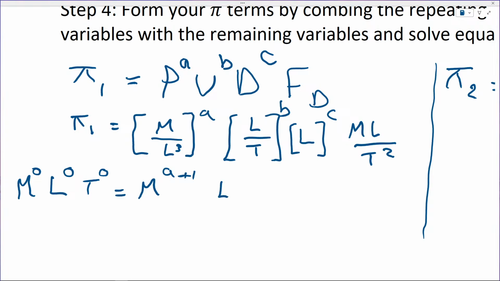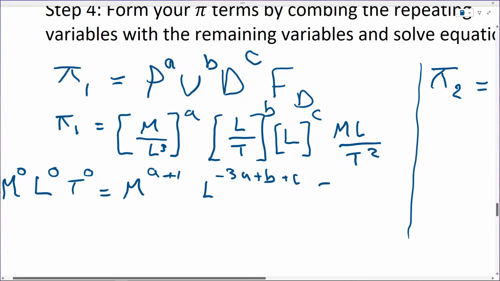All my L terms: that would be minus 3a, plus b, and plus c. And finally the t terms: here I have minus b, and here I have minus 2.